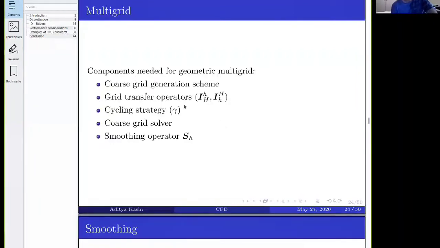And we need grid transfer operators. Once we have the coarse level, we need to devise good grid transfer operators such that the residuals and the unknowns can be restricted and interpolated between the grids.